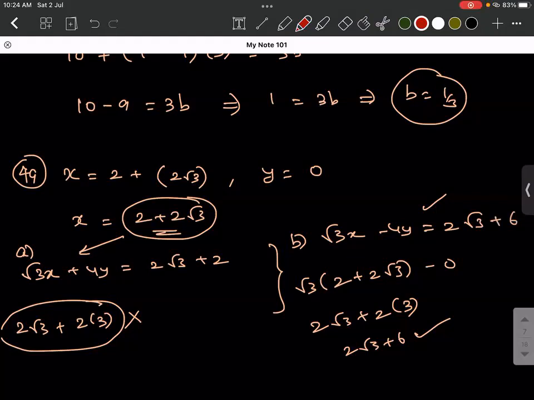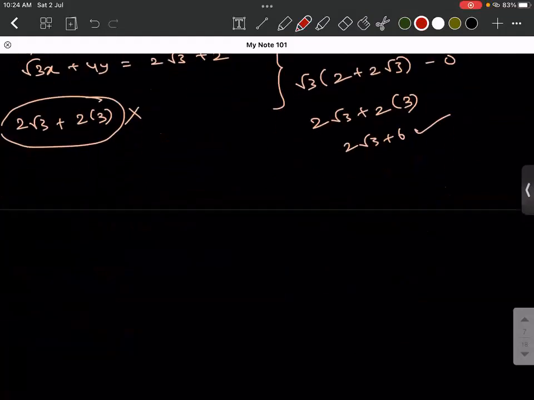That's it. Last problem. Fiftieth one. Tell me. X minus y is equal to 0.